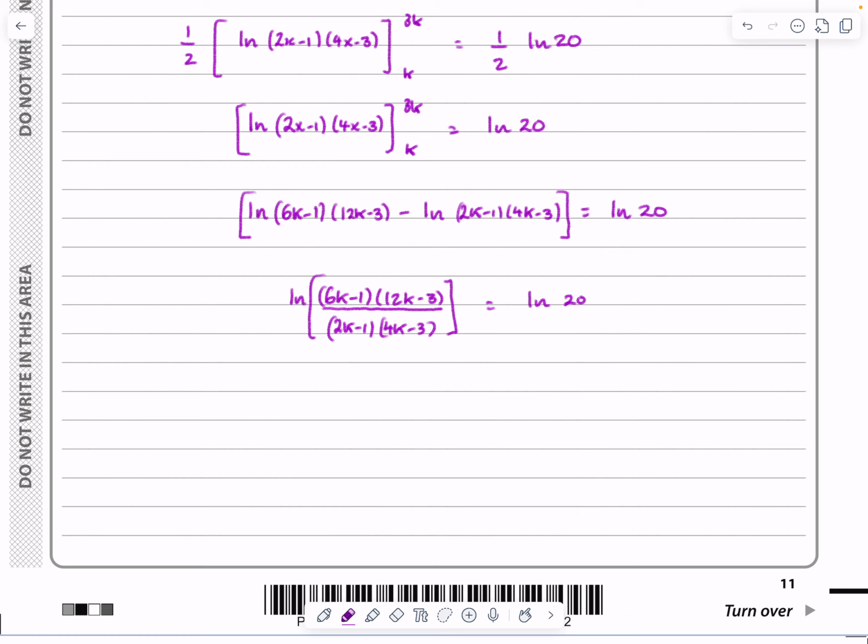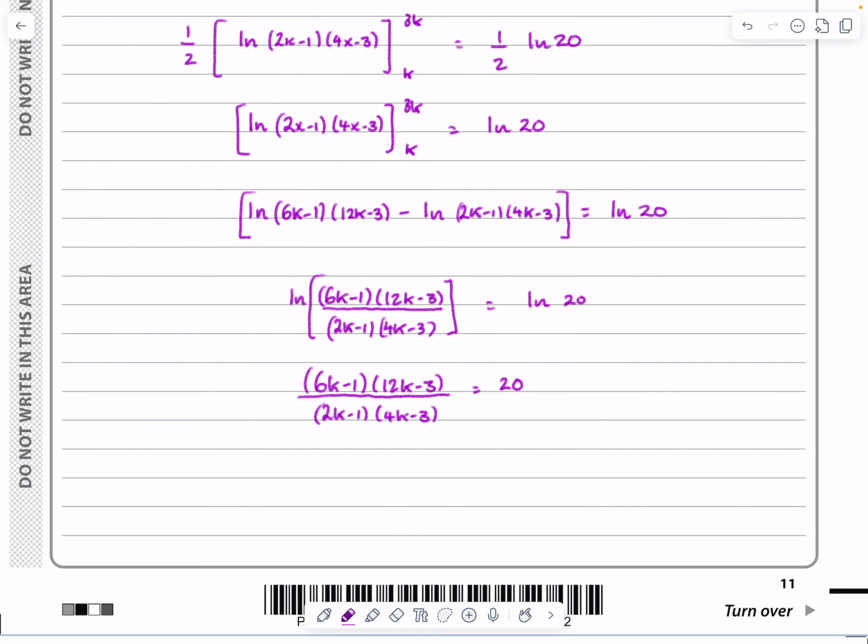So now we can exponentiate both sides, or basically just get rid of the logs. I'm going to have (6k minus 1)(12k minus 3) all over (2k minus 1)(4k minus 3) equal to 20, and now this is going to turn into a quadratic.